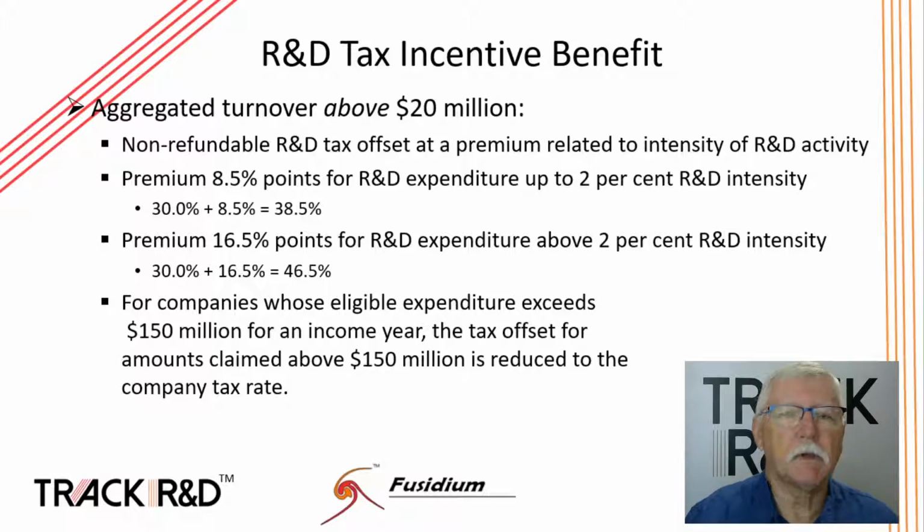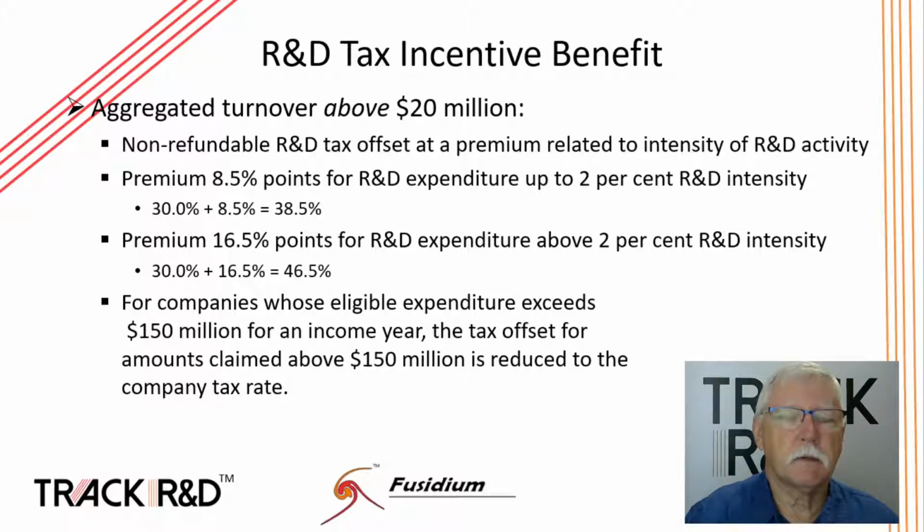The government aims to encourage larger and medium-sized companies to invest in R&D and provide a higher incentive where there is a higher level of R&D intensity. These tax offsets apply to expenditure up to $150 million in an income year, after which the incentive is reduced to the company tax rate.